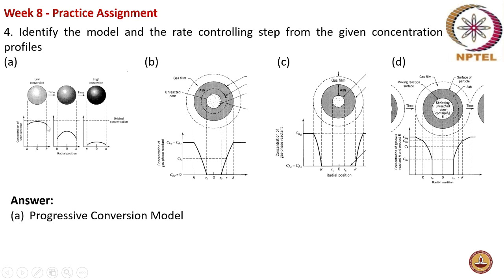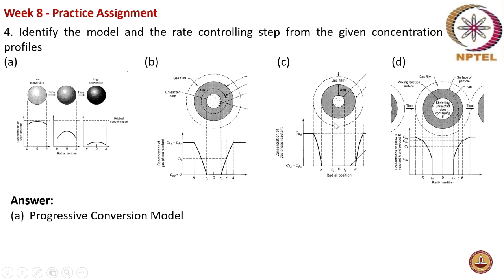So at some time t equal to 0, this is the change, and at some t1, there is a fall further, right? And at a much higher time, there is a further fall in the concentration in the entire volume of the particle, that is along the entire diameter, where this 0 represents the center of the sphere. Okay, this is the progressive conversion model.